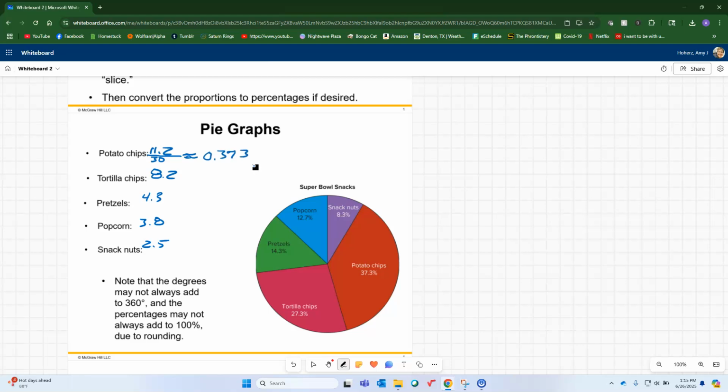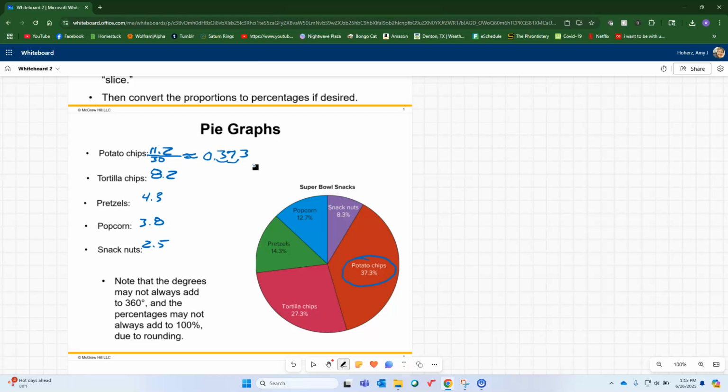But that's the decimal proportion. If we want to change that to a percentage, then we just shift the decimal over. So you'll notice here potato chips is 37.3. That's just shifting it over 2 spots to get the percentage.